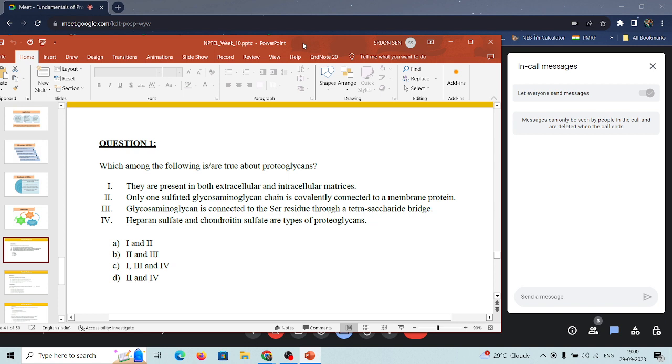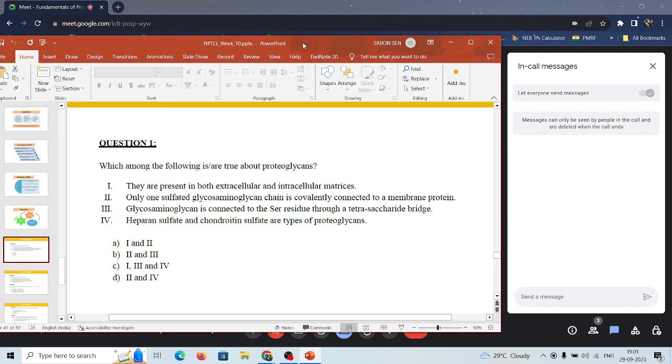It is asking which among the following is or are true about proteoglycans. One, they are present in both extracellular and intracellular matrices. Two, only one sulfated glycosaminoglycan chain is linked to the membrane protein.